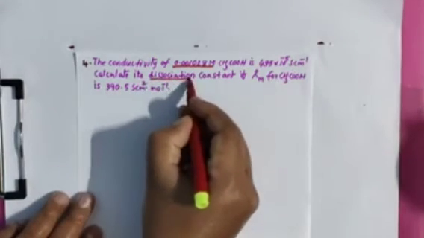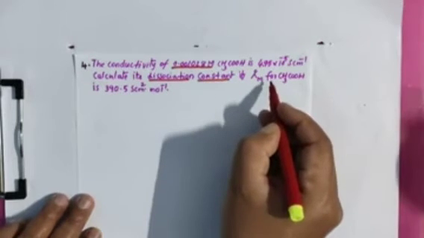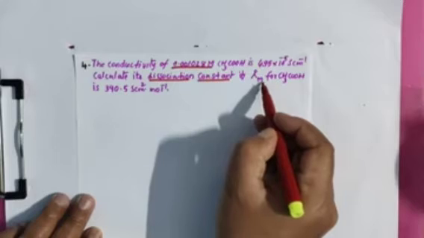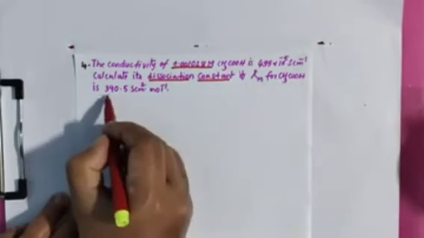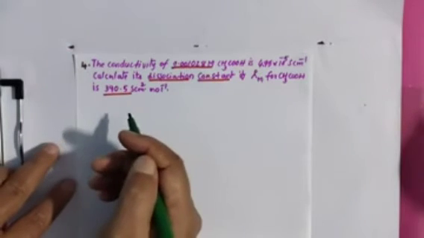Calculate dissociation constant K for this condition. And lambda m is given, that is cap m is given for acetic acid, 390.5. Clear? Let me go for that.